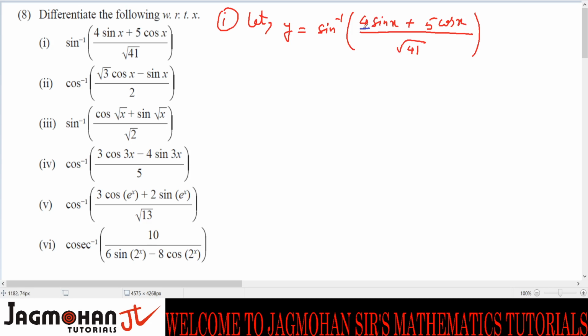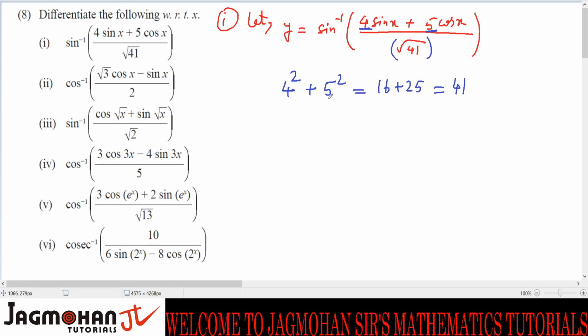It is 4. And with cos x you have 5. Now square 4, square 5, and add them. You notice that 4 square plus 5 square is 16 plus 25, which is equal to 41.